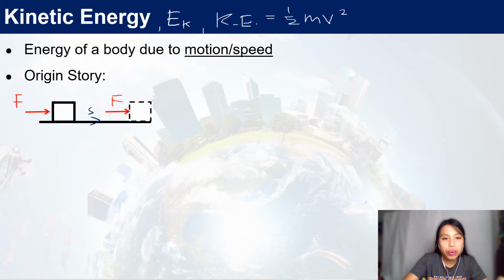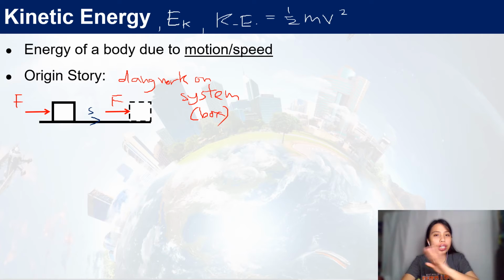This red force is doing work on the system. That's how we call it. What is a system? In this case, the system is the box. We assume it's a frictionless surface, so it's smooth, so no other forces are acting on this system. Just that constant force F.